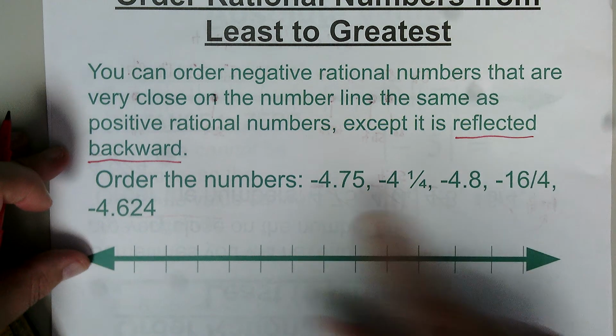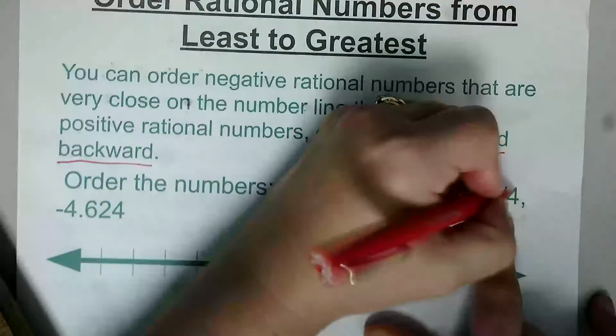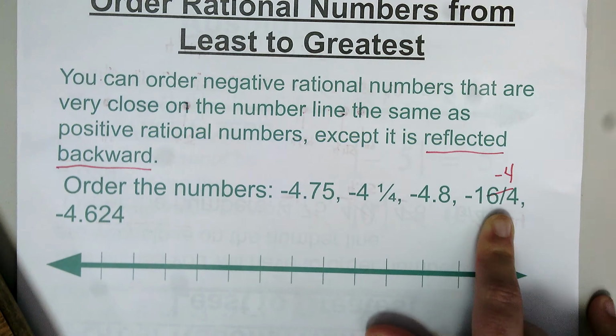So we're going to start, we know that negative 16/4 is just -4, right? We already figured that out.